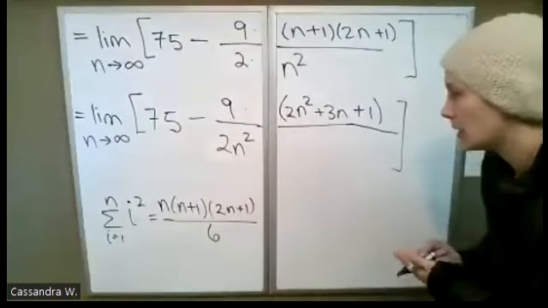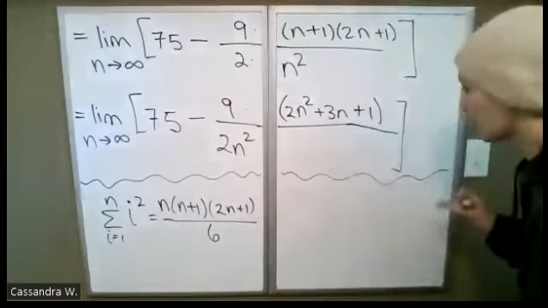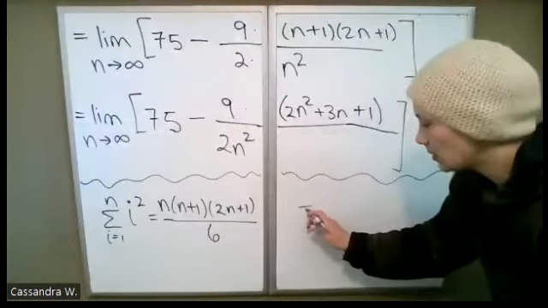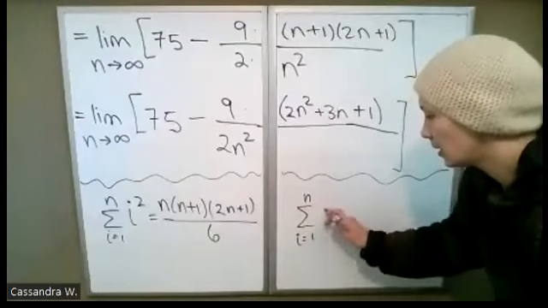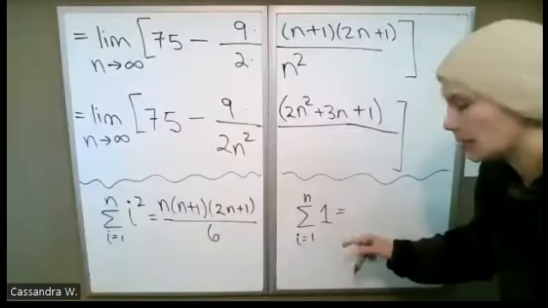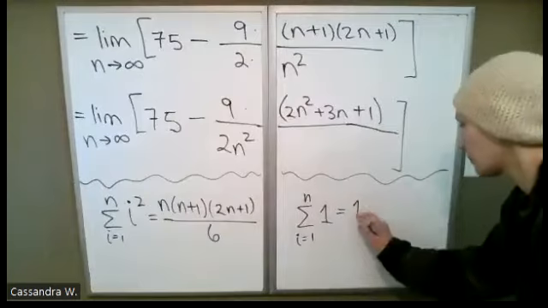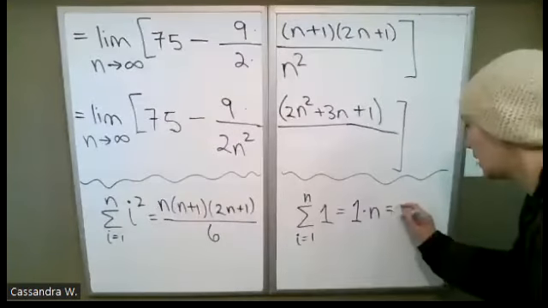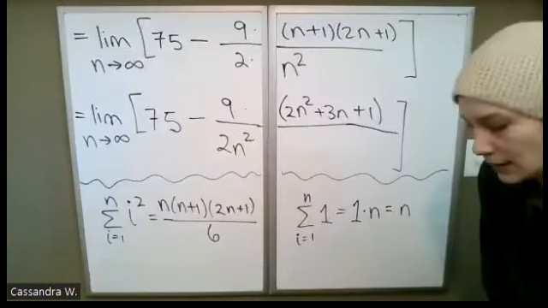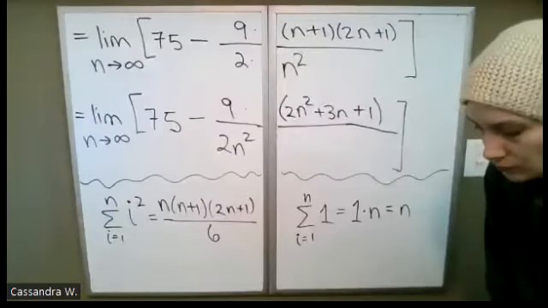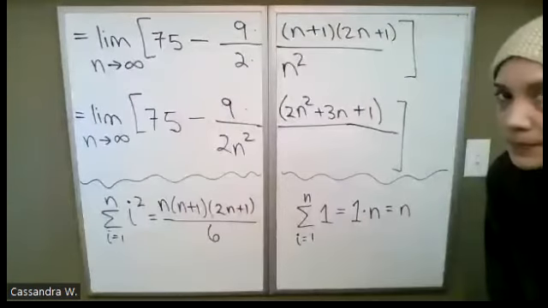The other one I used was the sum from i equals 1 to n of 1, which would be you take the number and times n, 1 times n, or n. I hope that helps. Any other questions though?